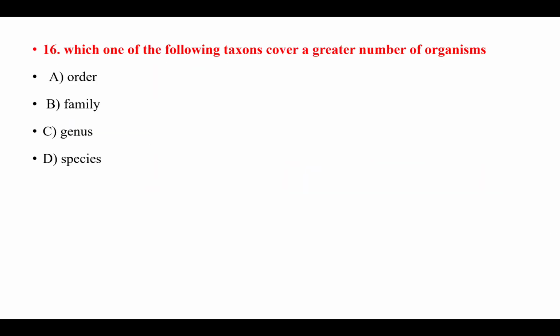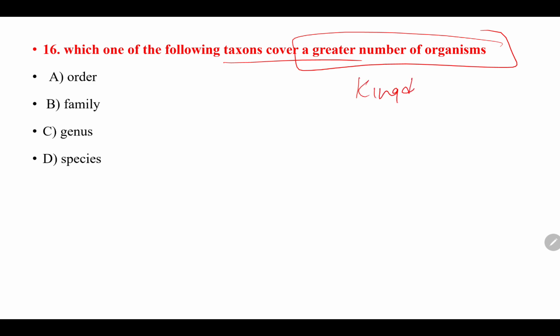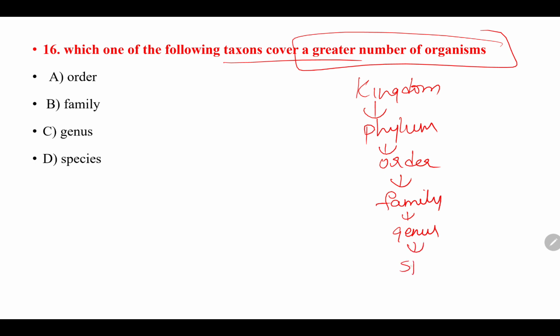Next, let us move towards the 16th question. Which one of the following taxa covers the greater number of organisms? See, that is kingdom, phylum, order, family, genus, species. So, this is the correct hierarchy of classification, right?